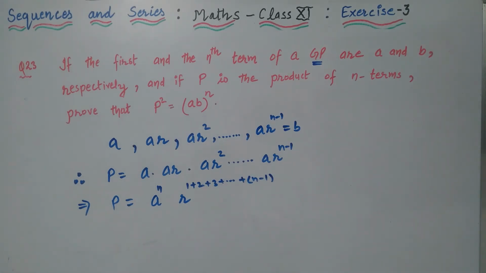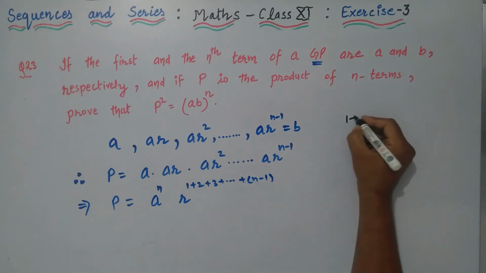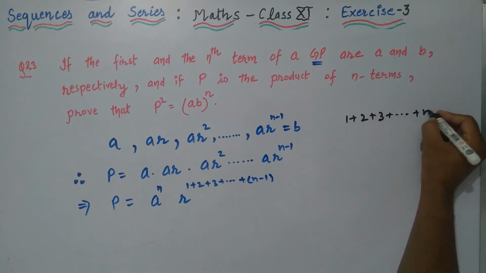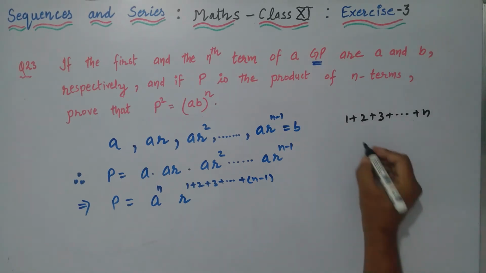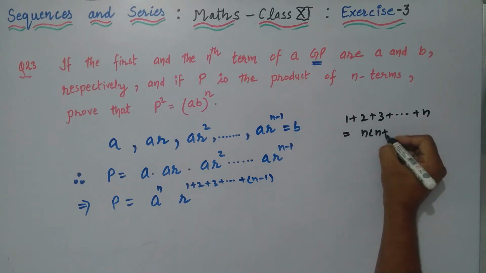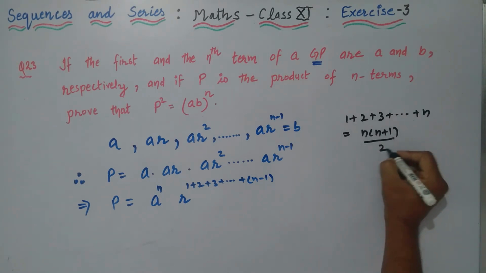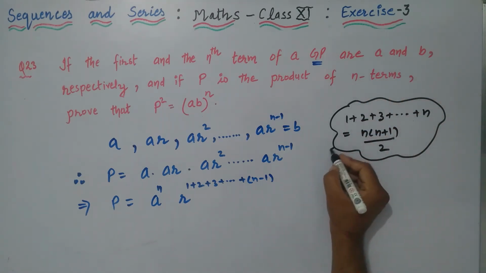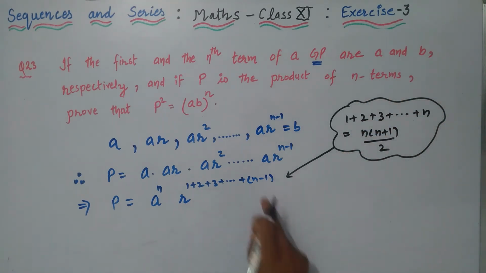Right? Now what is the rule? Rule is 1 plus 2 plus 3 plus so on, the rule for adding n natural numbers. This is equal to n into n plus 1 divided by 2. So now we follow this rule, applying here.